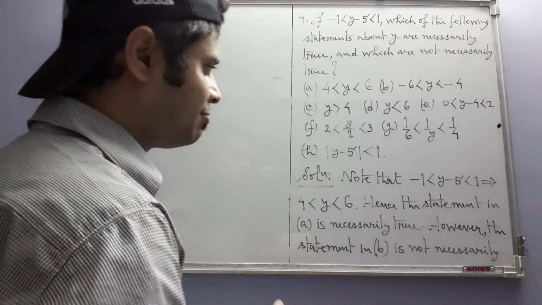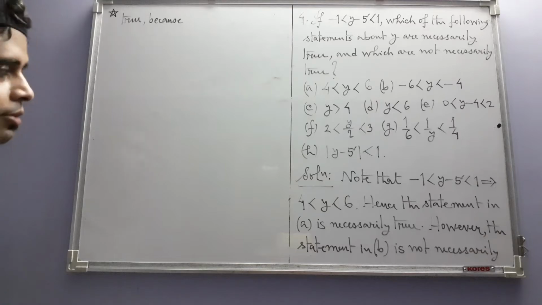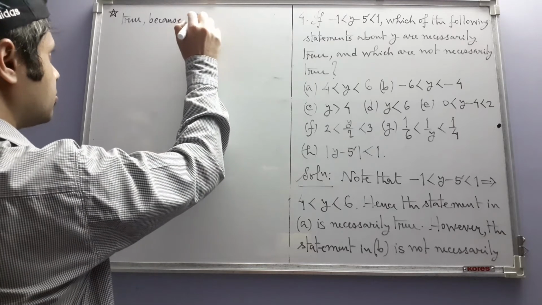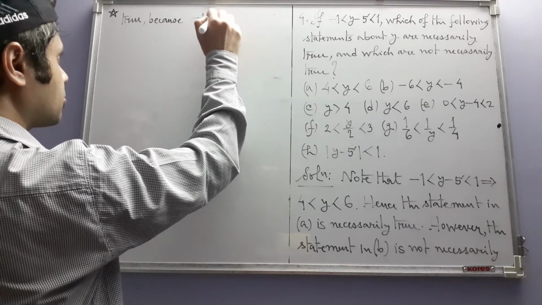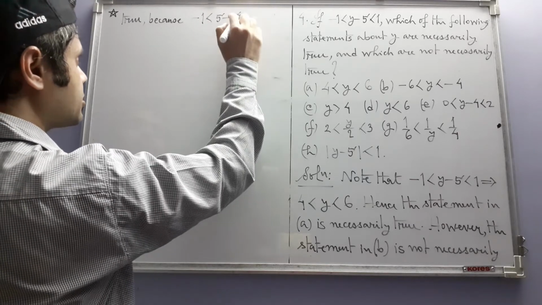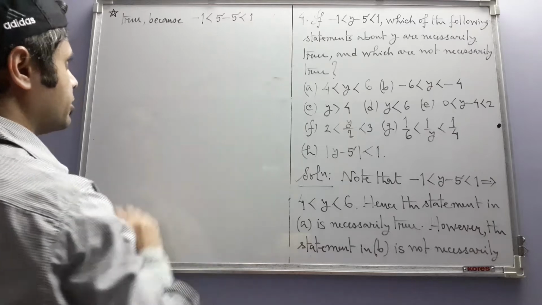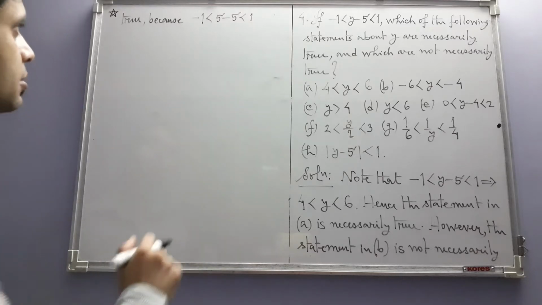Because if you take y equal to 5, then minus 1 is actually less than 5 minus 5, which is less than 1, because 5 minus 5 is 0.